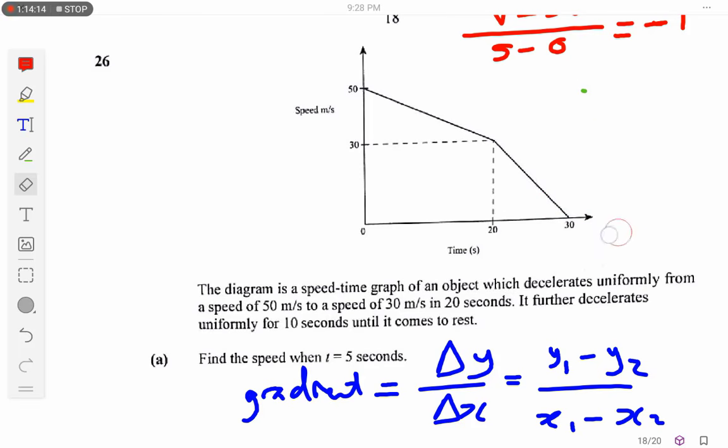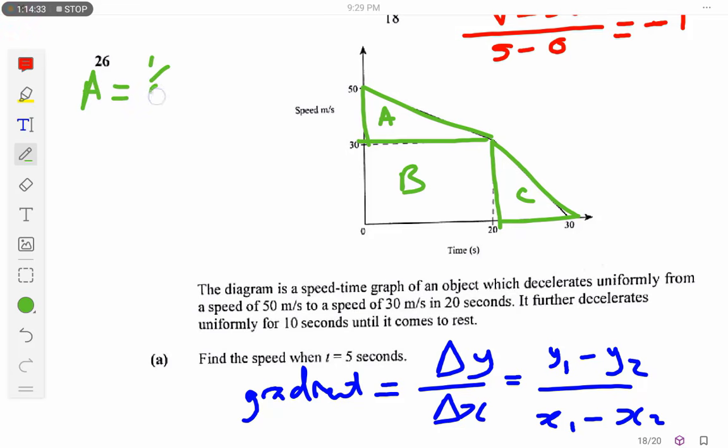So let's find the distance. We have this triangle here and this rectangle and this other triangle. So I can say A, B, and C. So area for A is going to be equal to half base, half times 20 times height, which is 30 to 50, that's a 20. We get 10 by 20, we get 200.